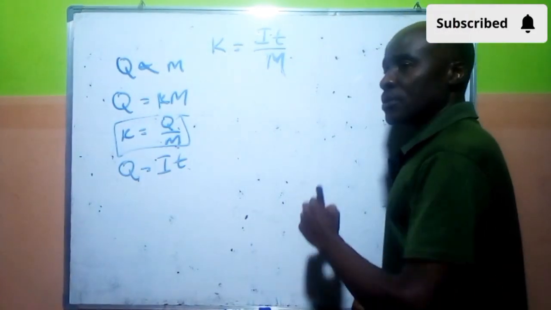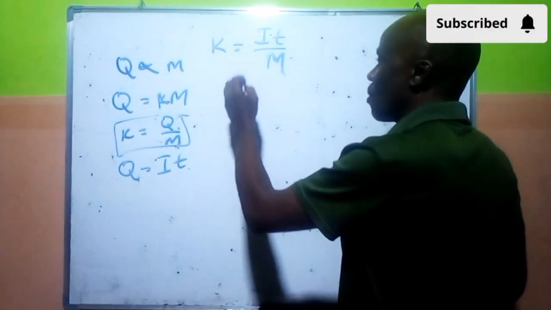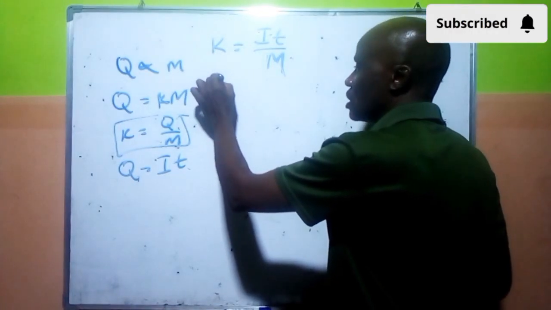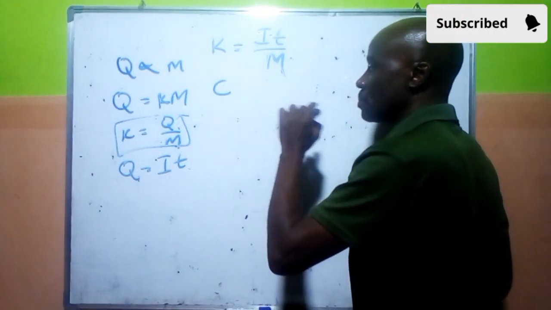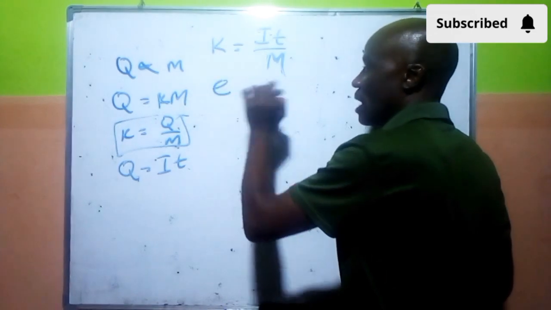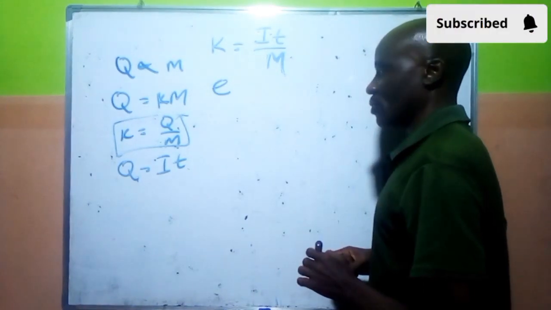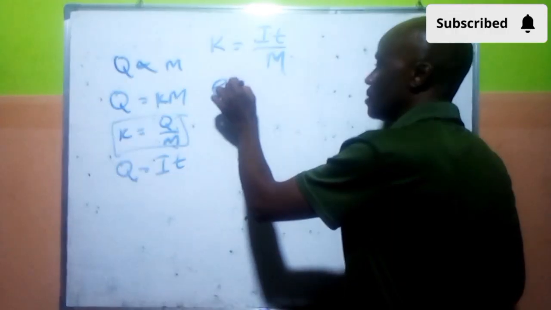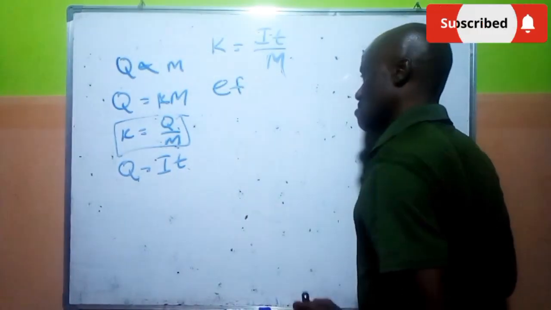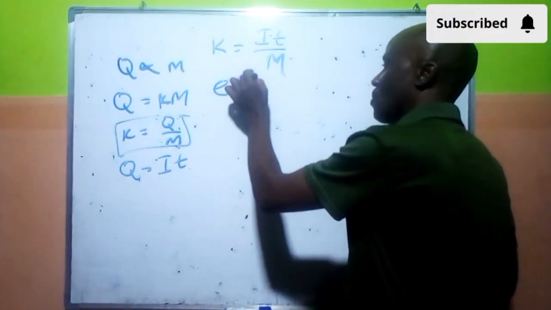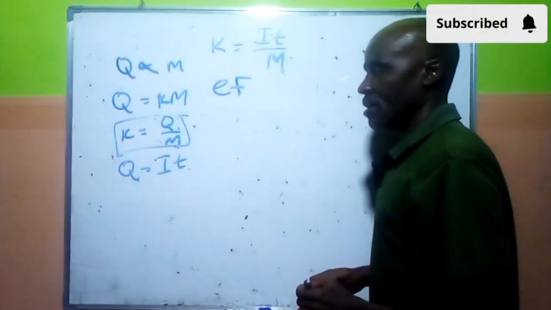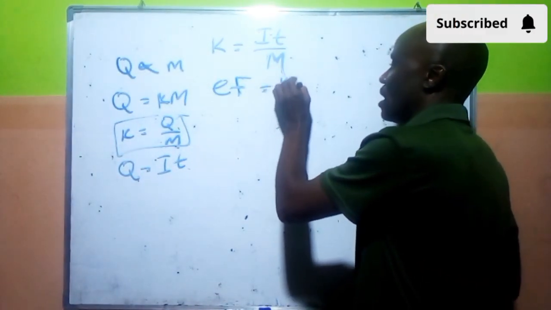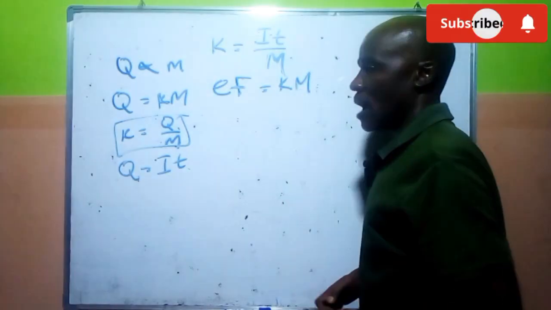What we need here is the charge on the electron and the Faraday, and then we have the constant K and the molar mass.